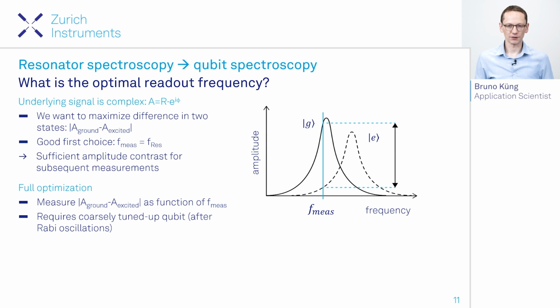So we can make a first simple guess and pick the center frequency of the resonator, which will give us sufficient amplitude contrast for the next measurements, but keeping in mind that a fully optimal choice of this measurement frequency would require us to measure this contrast between the signal difference as a function of f_meas, and for this measurement in turn we need a way to excite the qubit into excited state as well, so to get both the solid and the dashed curve, if you will.